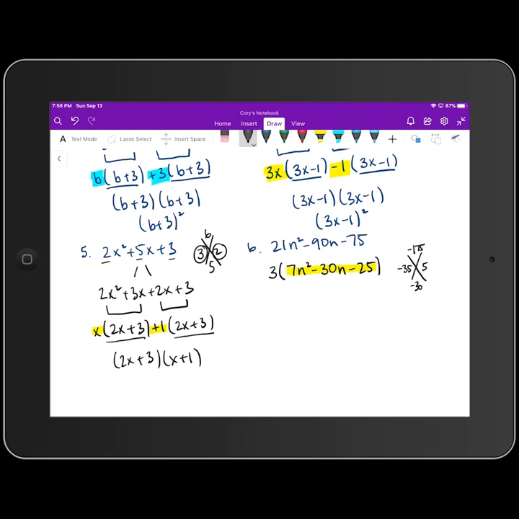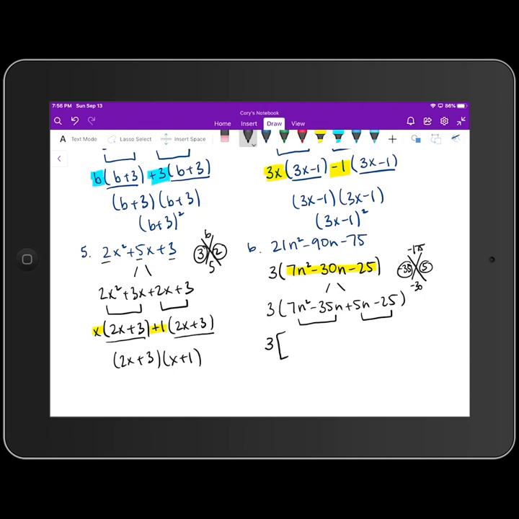Okay, so what I want to do is take that middle term and break it up into two terms using these values that we just found as the coefficients. So that's going to be 3 times 7n squared minus 35n plus 5n minus 25. And then we're going to factor this by grouping. Okay, so I'm going to separate 3 from everything.